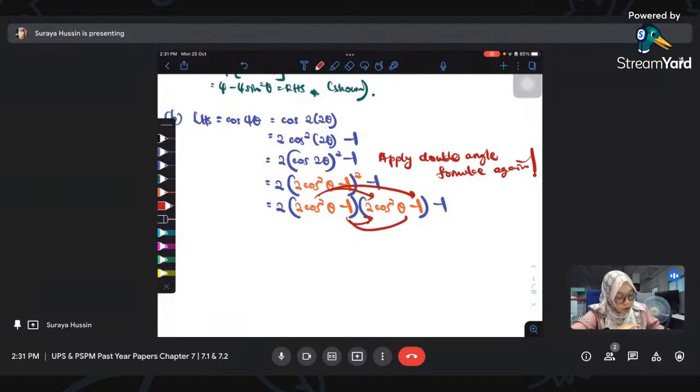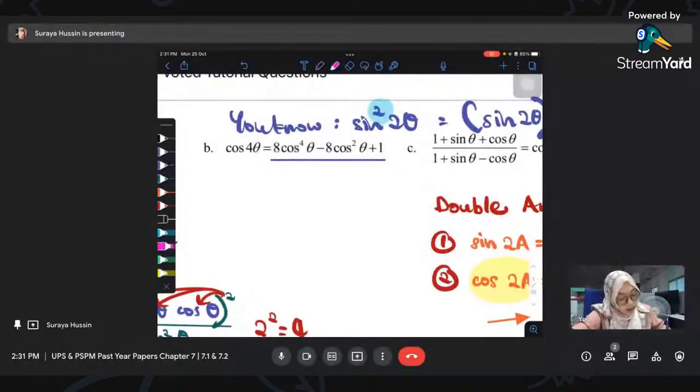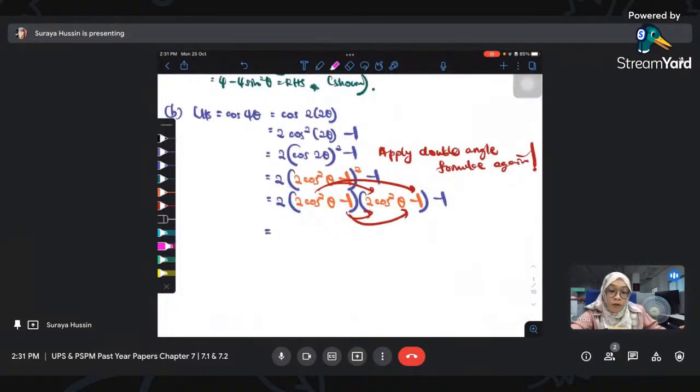Sebab apa tahu, you macam faham, oh nanti at one point aku akan berjumpa dengan everything on the right hand side here is cos. And lagi satu yang paling penting adalah power 4. Power 4, power 2. This is quite familiar, you know. Bila kamu expand, kamu akan nampak, oh power 4 muncul. Oh power 2 muncul. So that is how you gotta balance it with the right hand side at the same time.